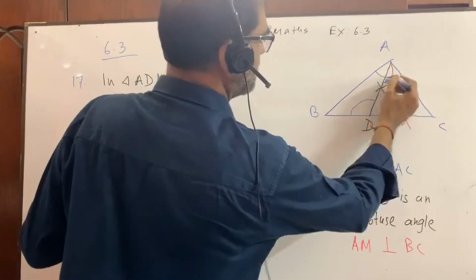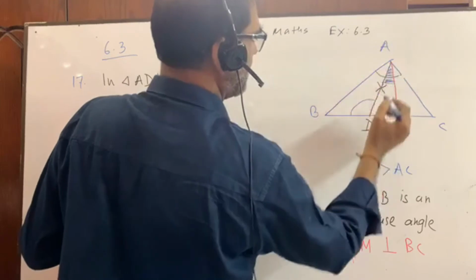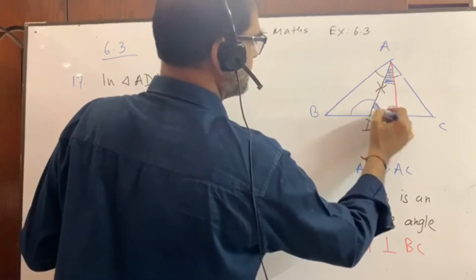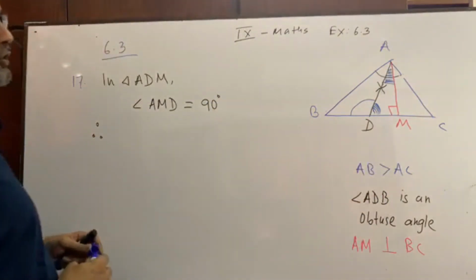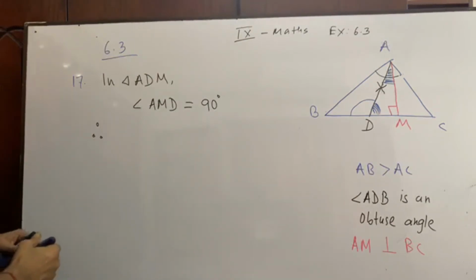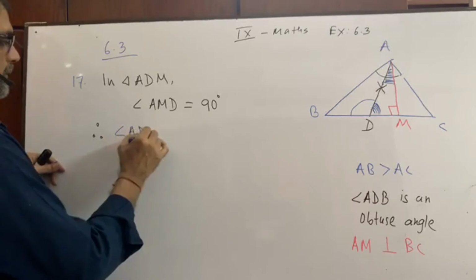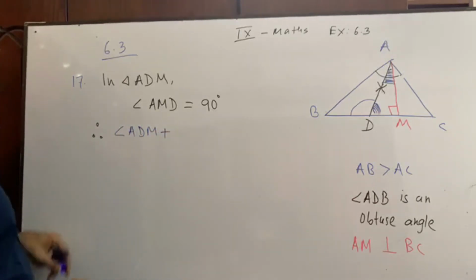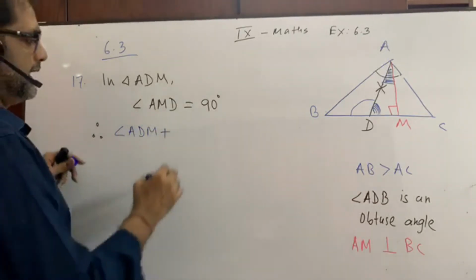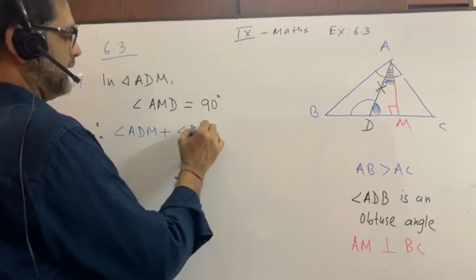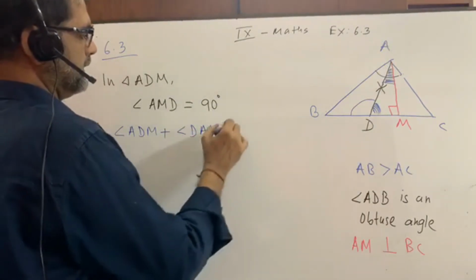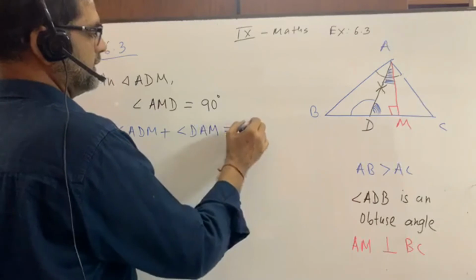This angle and this angle. So we can write angle ADM plus angle DAM is equal to what? 90 degrees.